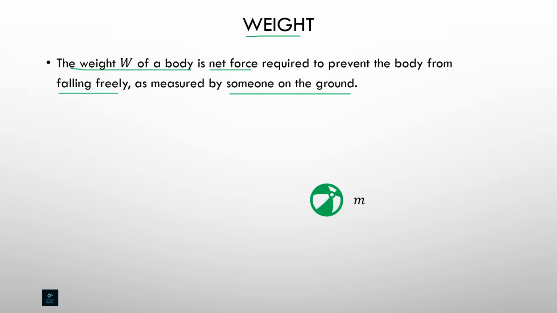Now suppose that we have a body of mass m, and we already know that the gravitational pull of the earth is Fg. To keep this body from falling freely, we have to apply a force in the upward direction. We call this force the weight of the body, denoted by W. Now from Newton's second law, we can write W minus Fg. This is the net force on this body.